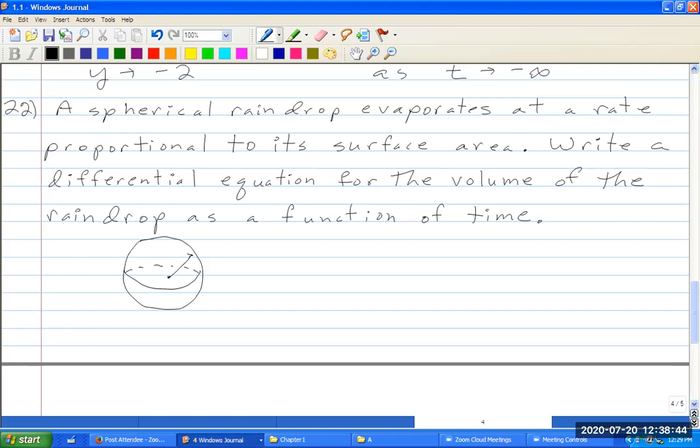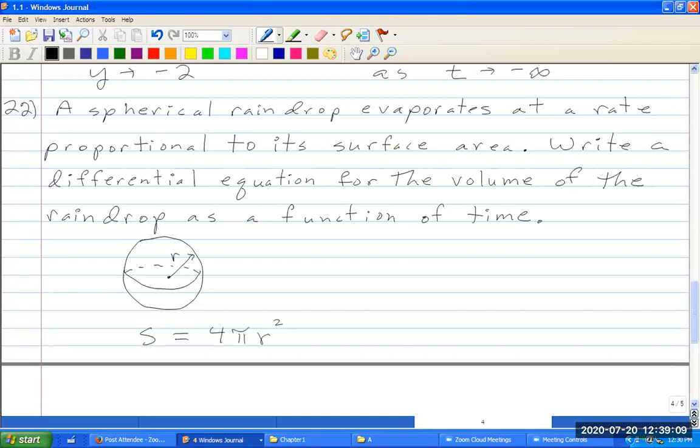Let's say that this is of radius r, and I know that the surface area of a sphere is 4 pi r squared.